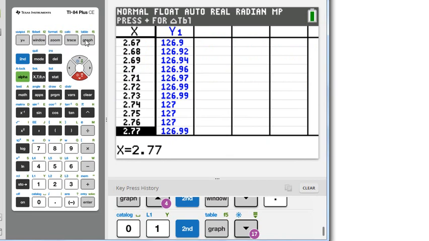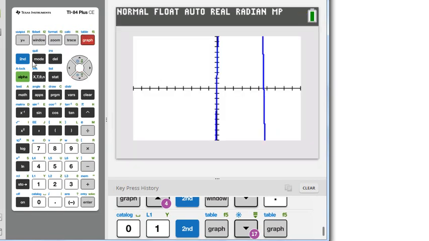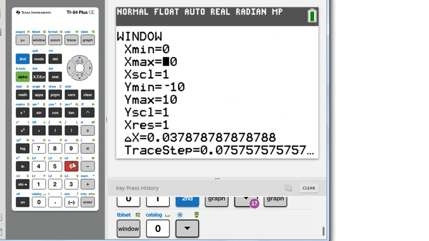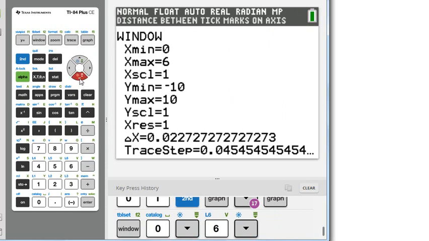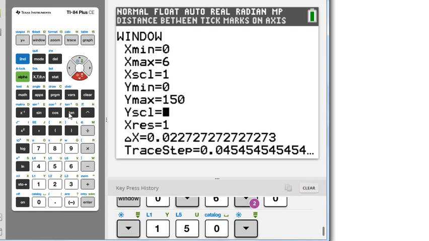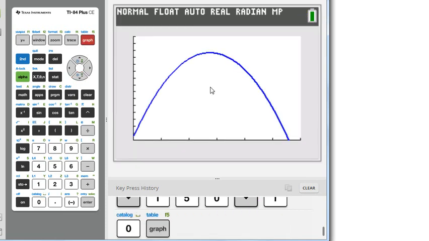If we graph this, we don't see hardly anything. We have to change our window view. I'm going to go to window settings, go from 0 to maybe 6, and for the Y value I'm going to go 0 to, I don't know how high to go, 150. I'll just start out there. Yeah, it's going to work.